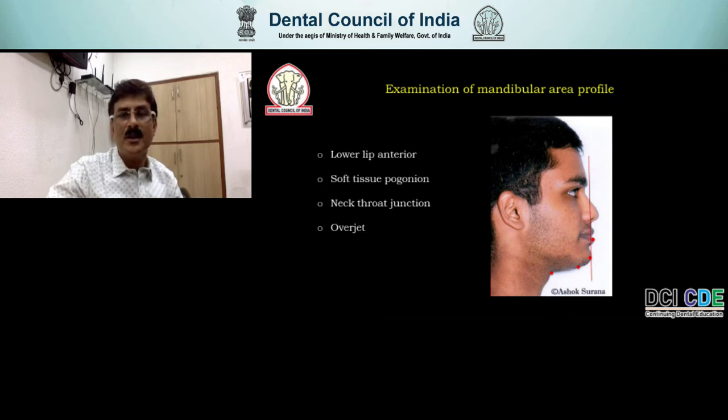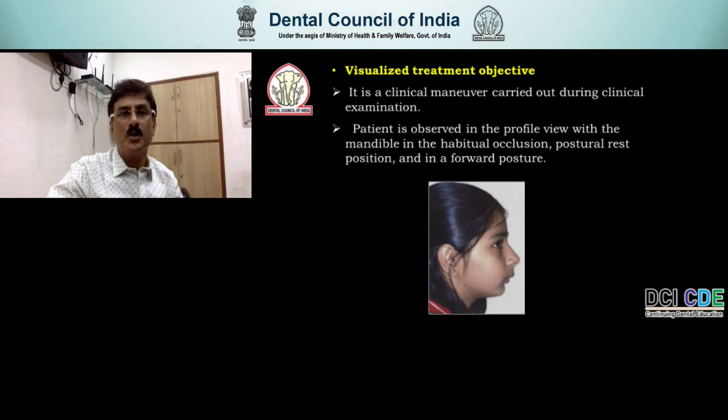So this is the area which you can really influence if you do good vertical control in a posterior rotating growth pattern. And you improve on the airway also. Visualize the treatment objective, that's bringing the mandible forward in horizontal growers, and see if the profile improves, then the situation is fit for functional appliances.